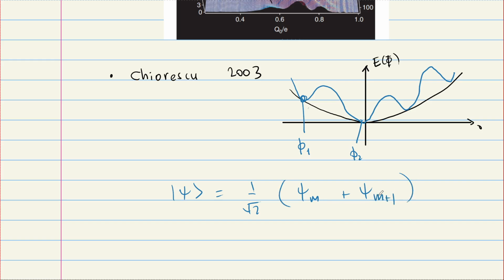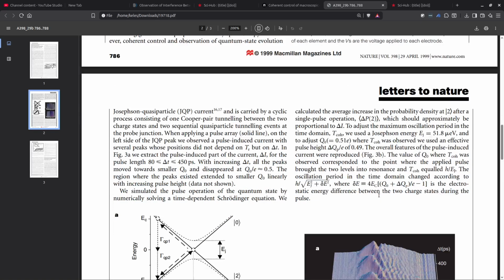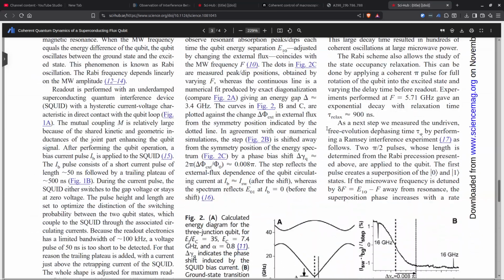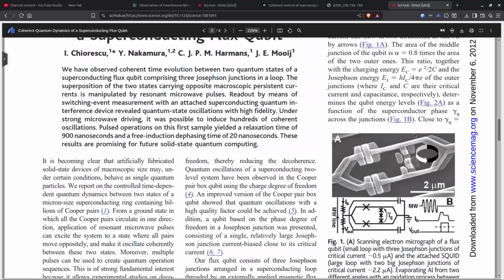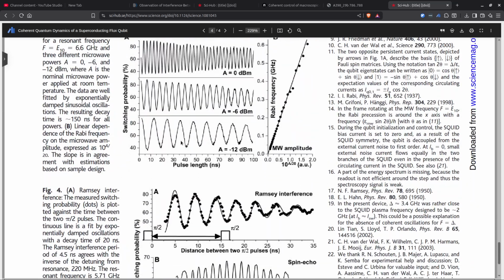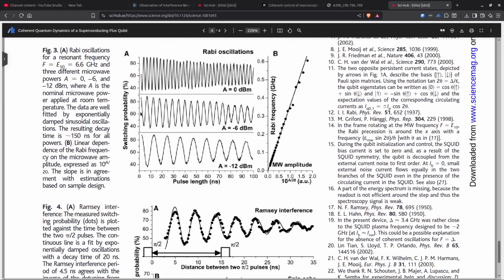Good. Different flux, and at the end, again, this is not this one, but this one. The device is a little bit more complicated, but it's not very important. At the end, what you see is these Rabi oscillations, which is a proof of macroscopic quantum phenomena. Okay.